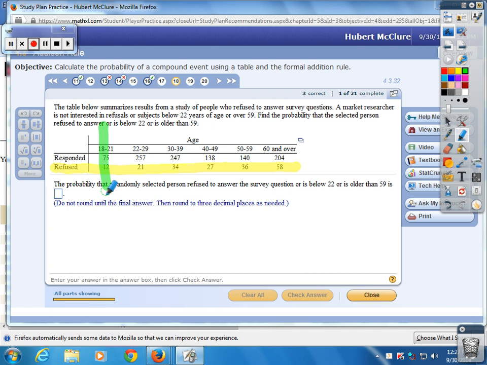Oh my gosh, you got two overlaps. What's the total of everything? 1249.